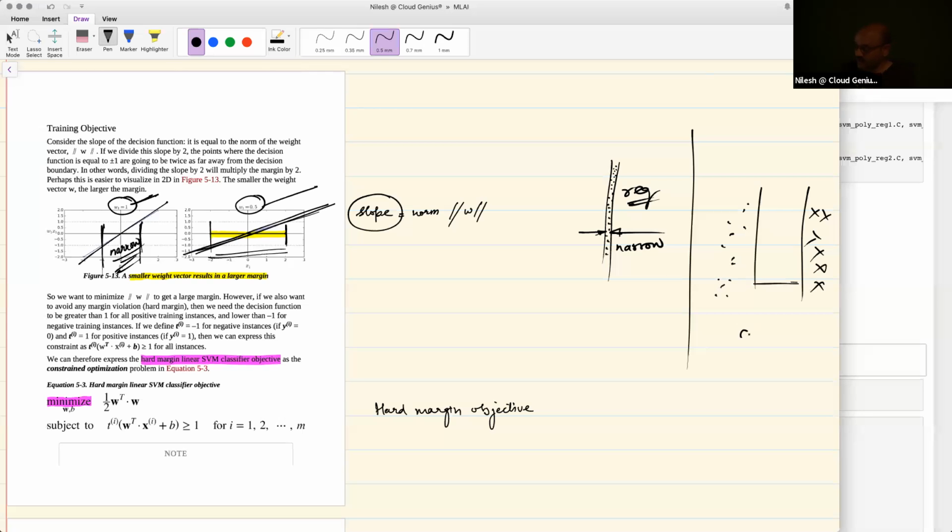And that's the classification way of thinking versus the way of thinking in a regression scenario, which is to minimize the width of the road while still getting most of the points on the road.